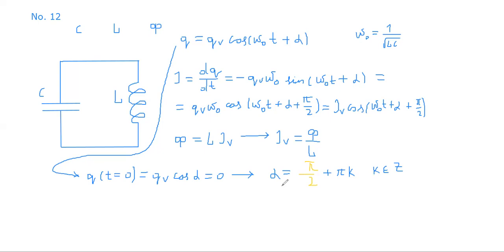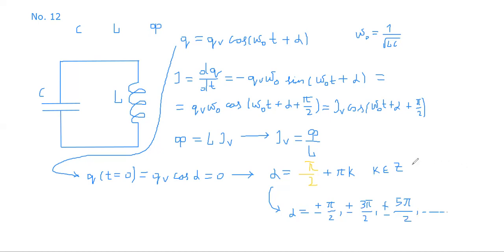So it means that alpha may be equal to plus or minus pi divided by 2, or plus or minus 3pi divided by 2, or maybe plus or minus 5pi divided by 2, and etc.